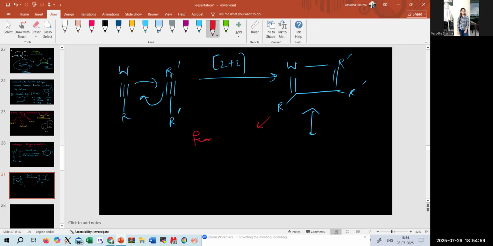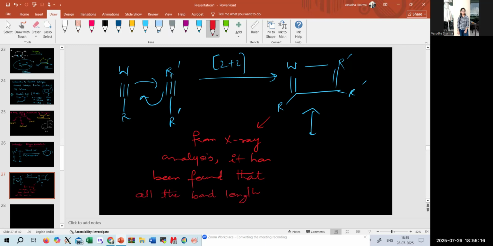from X-ray analysis, it has been found that all the bond lengths are equal. So they can do the resonance structures, and now it will form R dash and R over here.